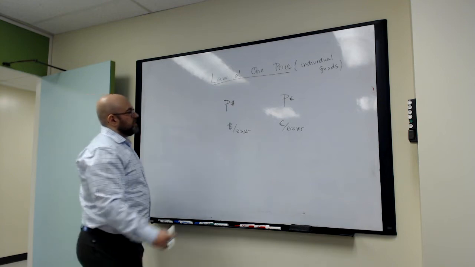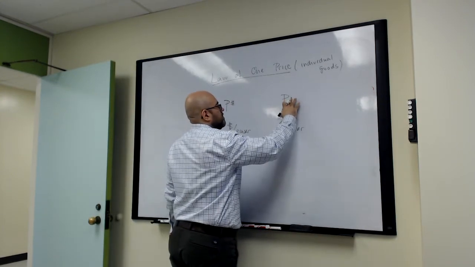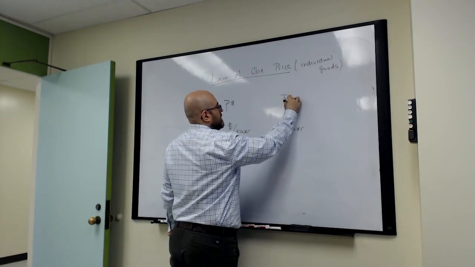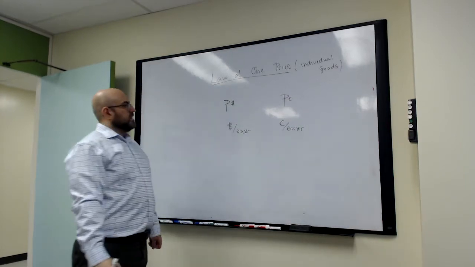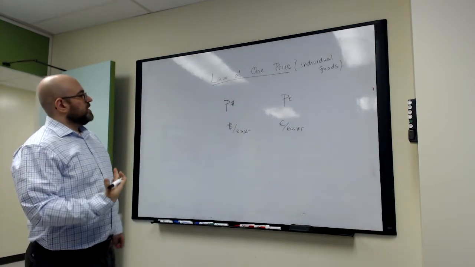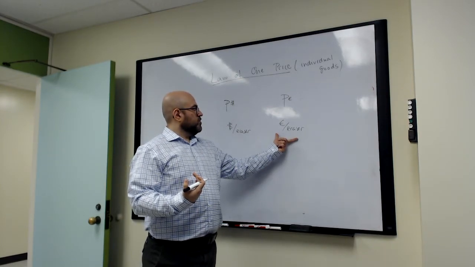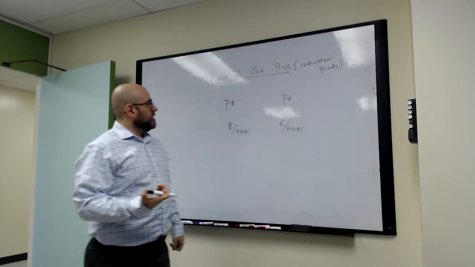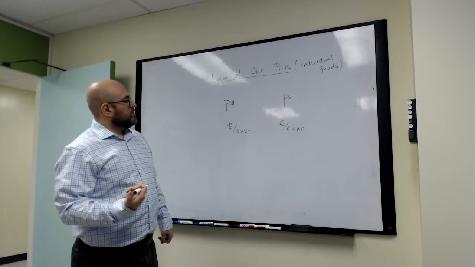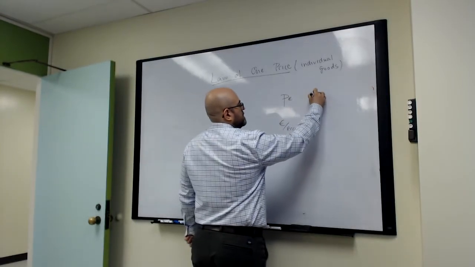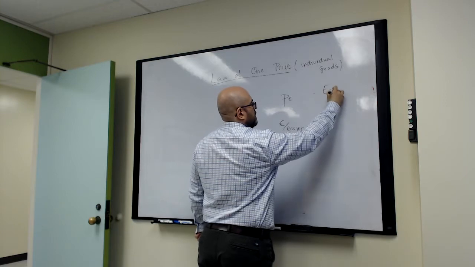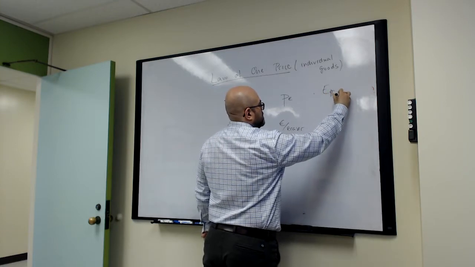Now the question becomes, we need to express these two prices in the same currency. So I would like to turn this euro price into a dollar quantity. So I will multiply this price by the current exchange rate.